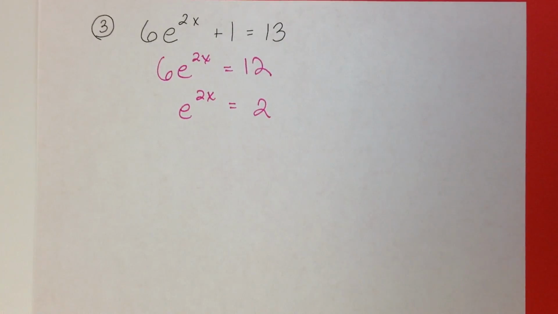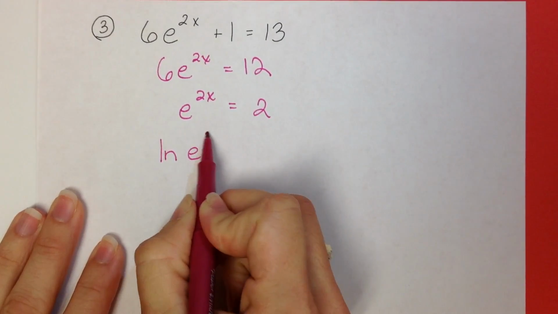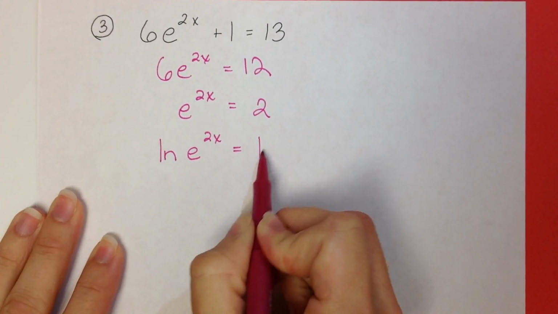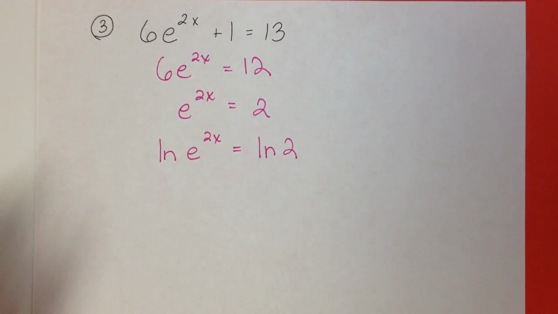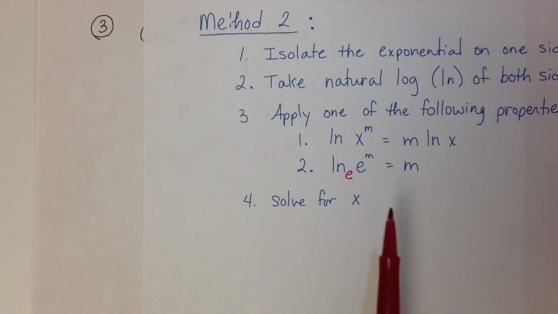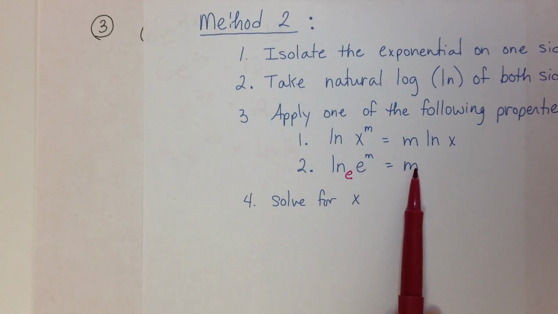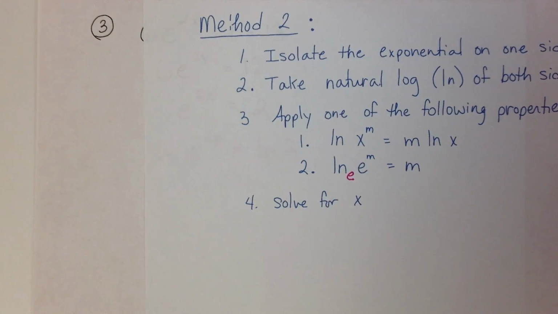Okay, so now I do have my exponential by itself. Now take natural log of both sides. Okay, now on this one, going back to those properties, let me pull this back just a second. This time we're going to use the second property because I do have an e here, which means this statement is just equivalent to the exponent.